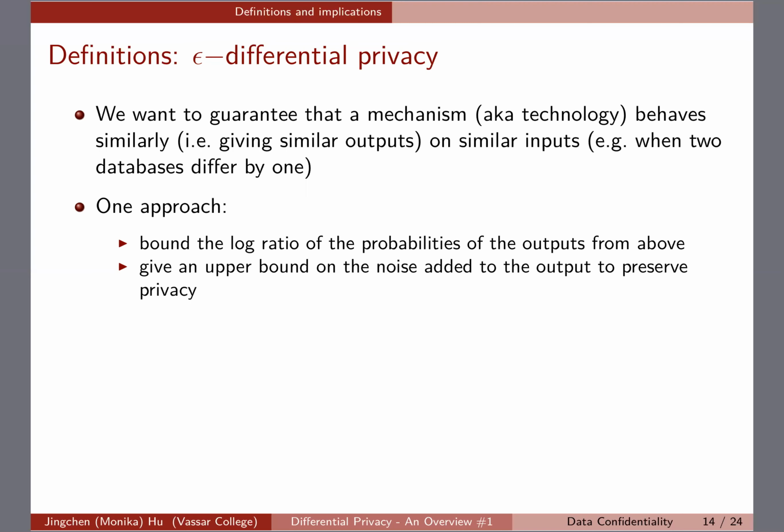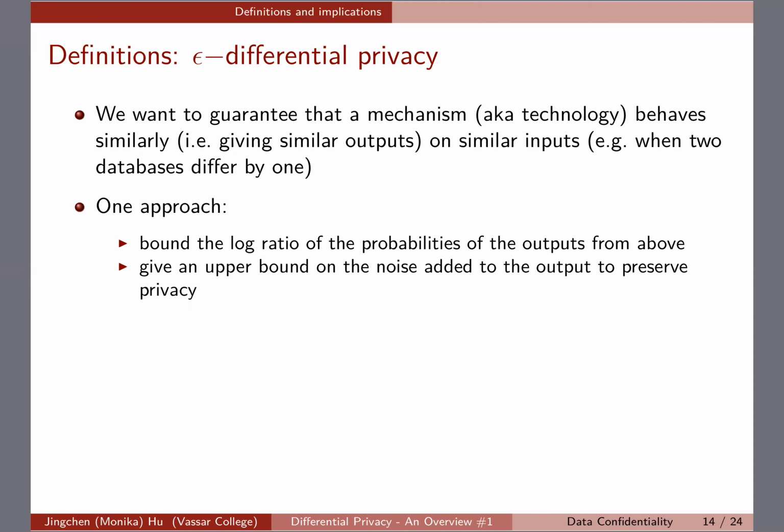You will see soon in the expression that we take the log ratios of the probability of the outputs. When you think about X and Y, we take the log ratio of those probabilities and bound it from above, and then give the upper bound on the noise added to the output to preserve privacy. So we first bound it from above, and then base on that to add the noise.